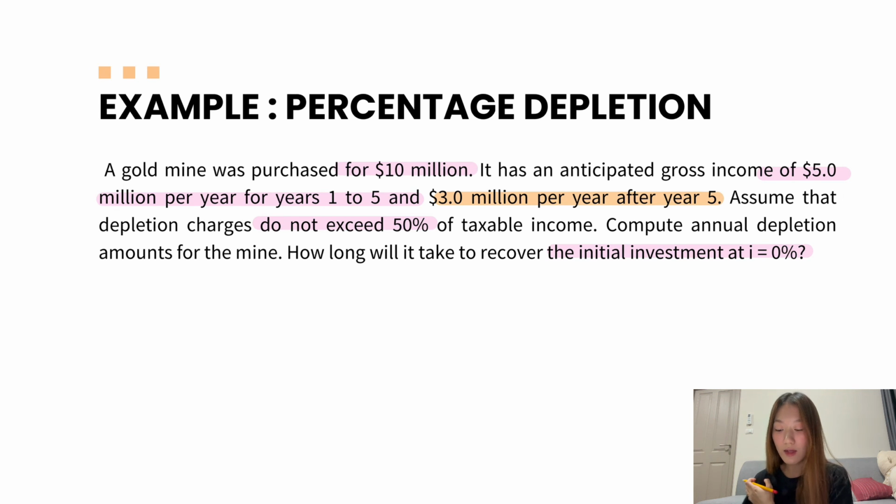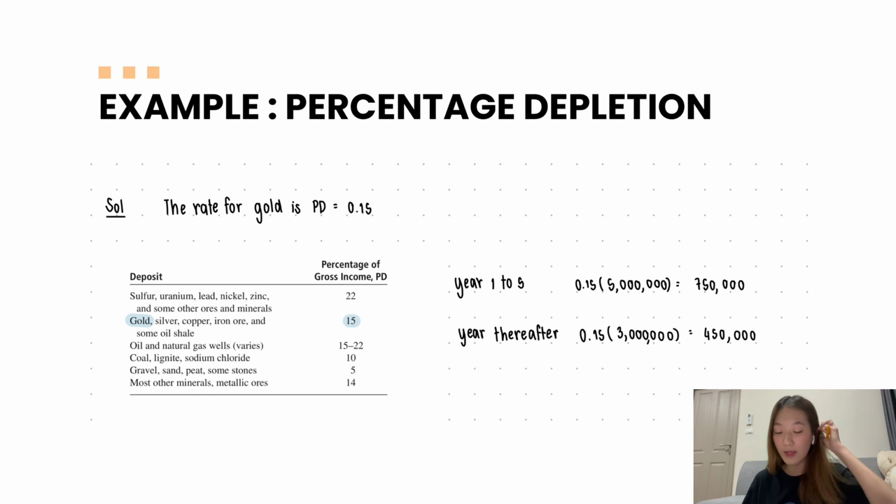So the solution is the rate for gold is PD equal to 0.15, as you can see from the table here. And so for year 1 to 5, we multiply the PD with the 5 million, so the result is 75,000, and for the years after that we multiply PD with 3 million, so the result is 45,000.